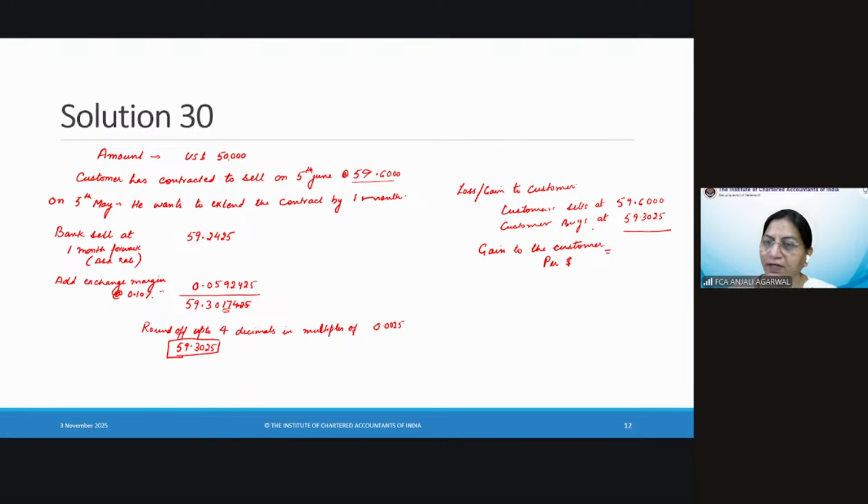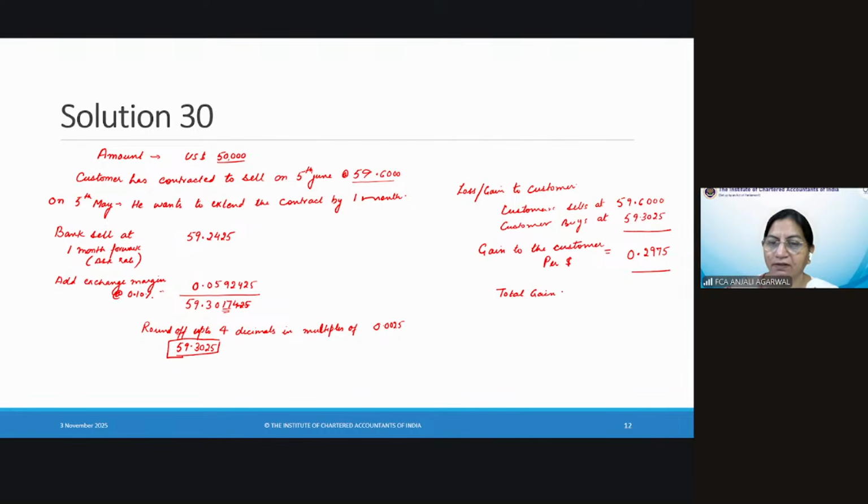How much? 59.60 minus 59.3025. The gain to the customer is 0.2975. And for how many dollars is the contract? 50,000. The gain will pass on to the customer.